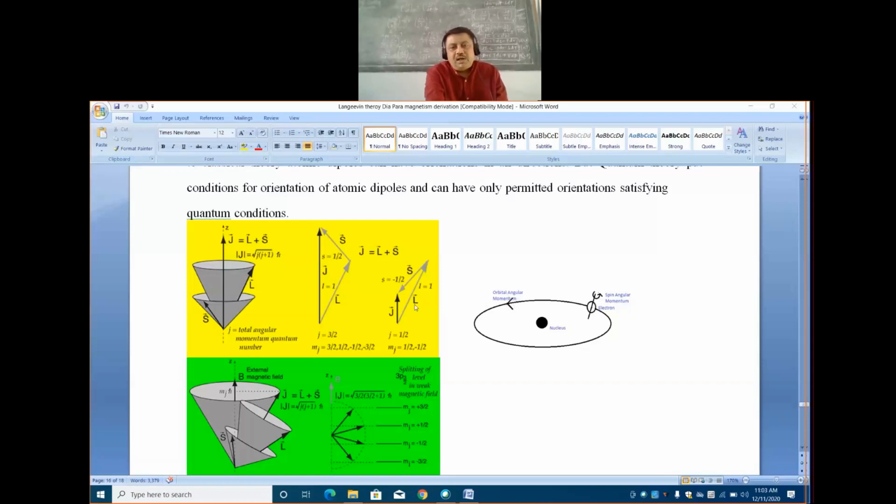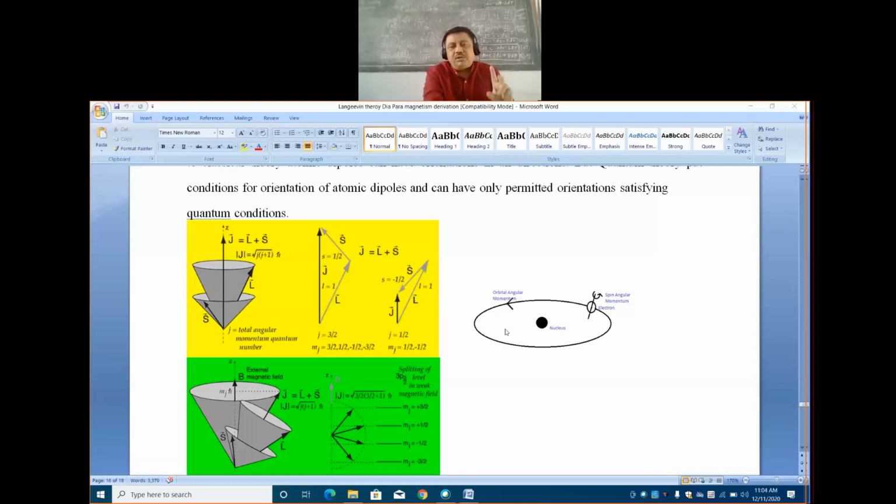Along with the orbital motion, the electron also has a spin motion, which spins about its own axis, that is a spin angular momentum. Therefore the electron is endowed with two kinds of motion.